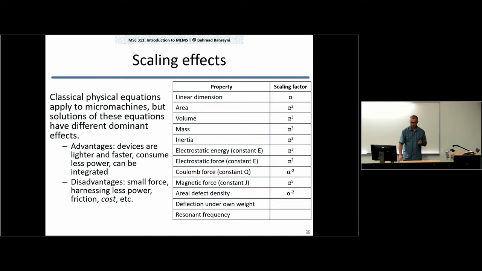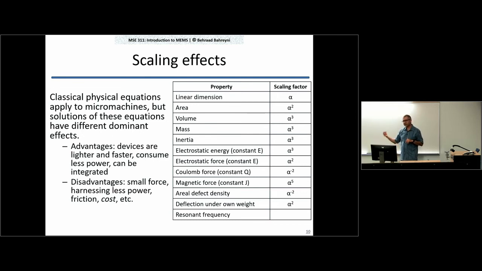You will have functionality issues. Deflection on their own weight. Well, just imagine this. You have a beam, and if it is made of metal, wood, whatever, let's say it has a free end, it's going to deflect under its own weight, right? The gravity will work on this beam and just pull it down. As you shrink the dimensions of this beam, you will notice that the amount of deflection goes down with alpha squared.